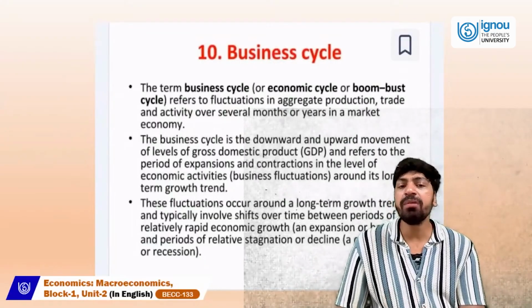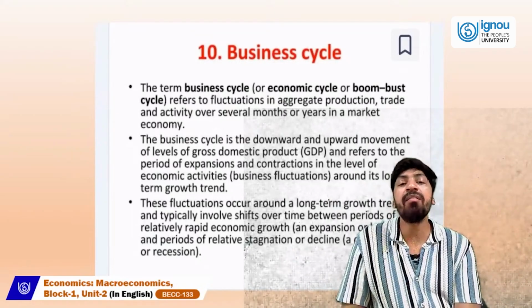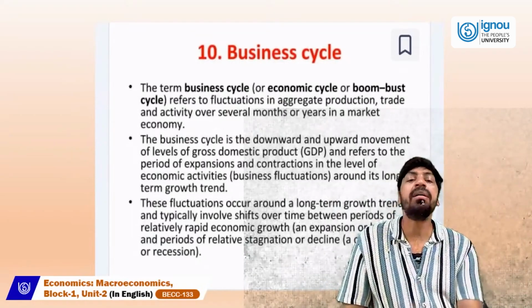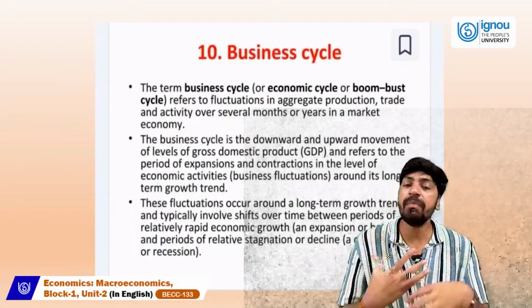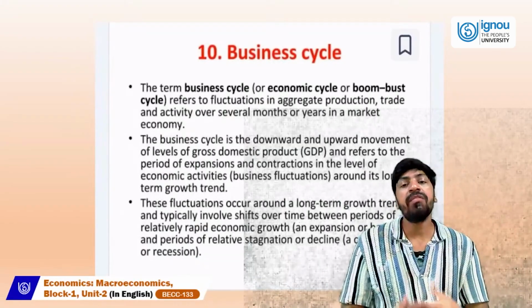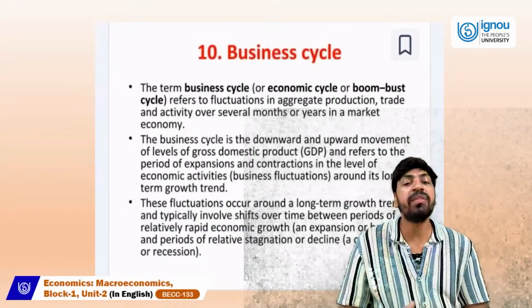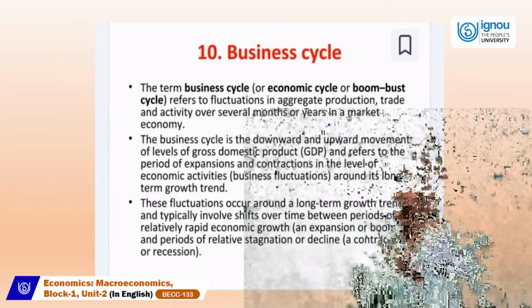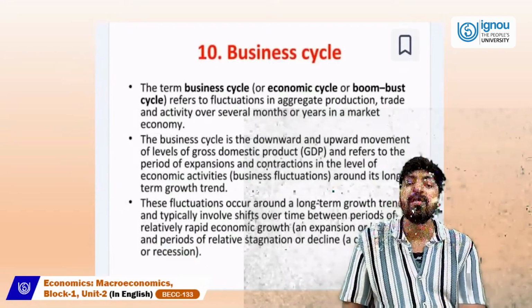So the business cycle is said to be downward and upward depending on the level of gross domestic product. If we talk about negative GDP, it automatically means downward movement. When we talk about positive domestic product, it is called upward movement.